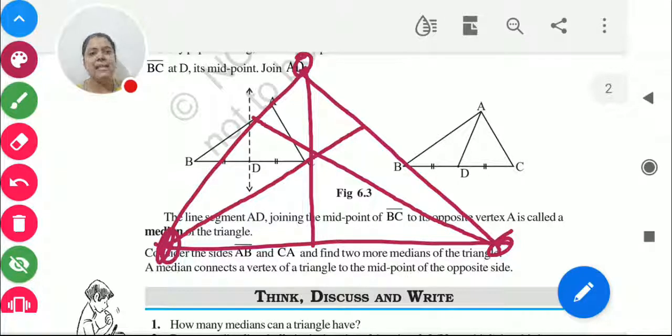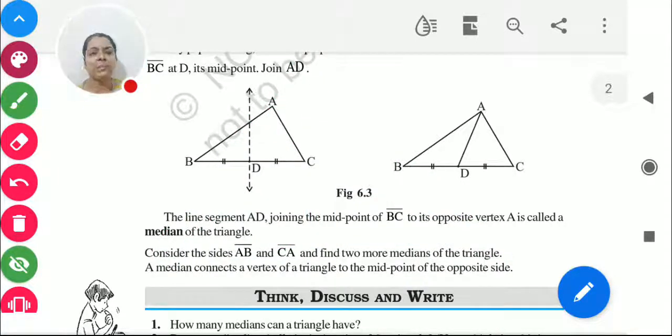Why? A median is from the vertex to the opposite side. There are three opposite sides and three vertices, so we can have only three medians here. How many perpendicular lines can be drawn? Undoubtedly the same number, 3.